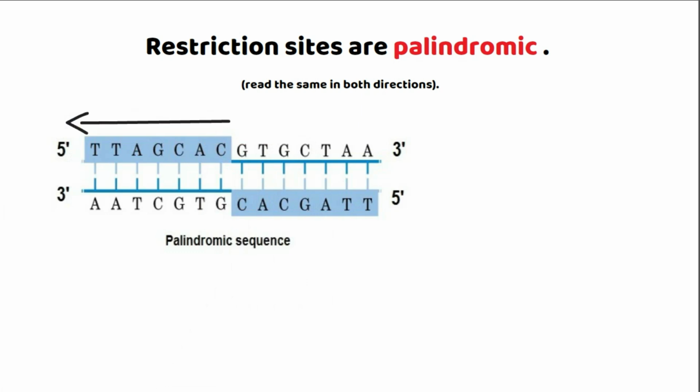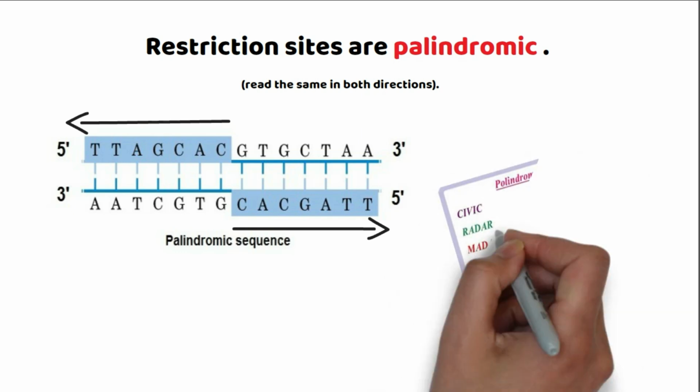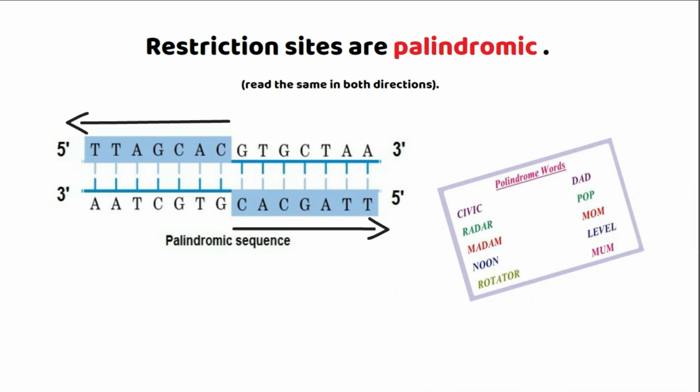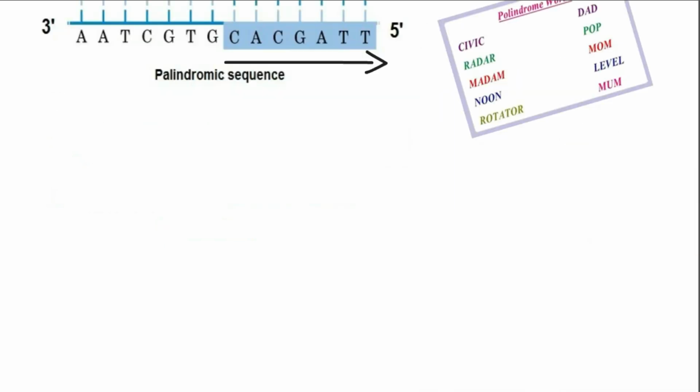Here, look, if we read the sequence from right to left, CACGATT, like from left to right, CACGATT, the same letters in both directions. Okay, read the same in both directions. This is the meaning of palindromic. Like these English words: civic, radar, madam, noon, mom, and so on.